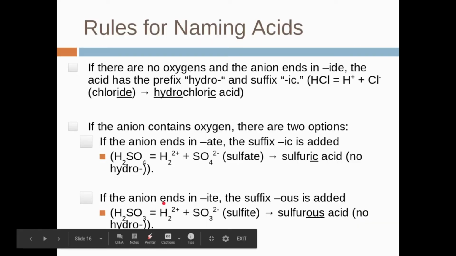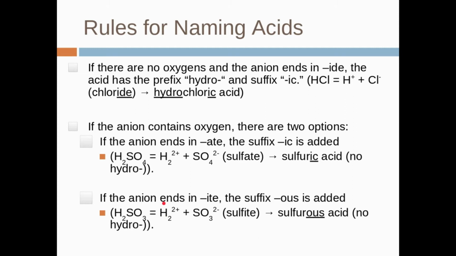Naming acids is a little bit different than naming ionic or covalent compounds. So there's 2 types of acids. There are acids with oxygen and acids without oxygen. All acids have the same cation. They all have hydrogen as the positive ion. And then they have a negative ion with it.